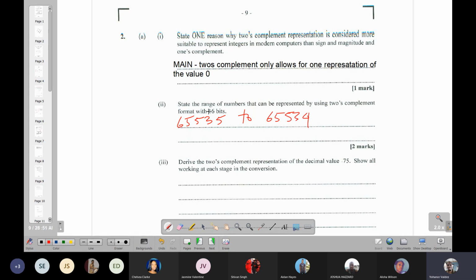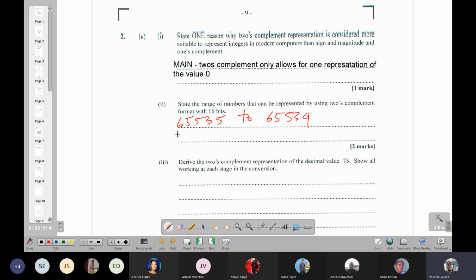Or we would have been able to say, if you had done it like this, which is a little arduous to do, you could have drawn out the 16 bits and said 0000 16 times to 1111 16 times. That would have been acceptable too.